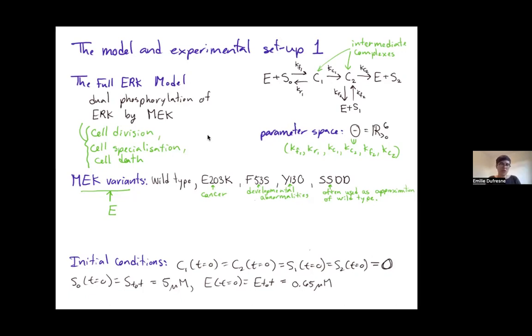What they looked at is the dual phosphorylation of ERK by MEK. These are two molecular species whose activation regulates cell specialization, cell division, and cell death. And this is something that's of interest to biology.